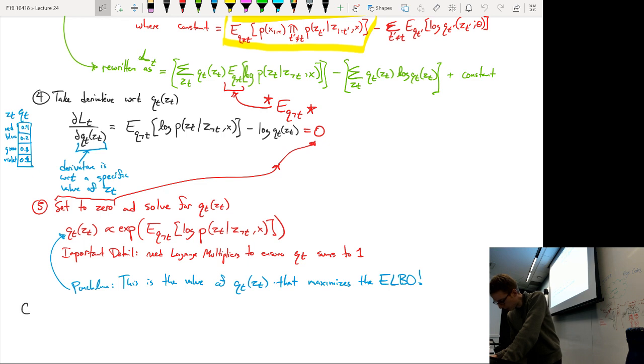Yeah, so let's reiterate the CAVI algorithm here, just so that we can see it. While the ELBO of Q has not converged, iterate through t equals 1 to capital T, so for each variable.